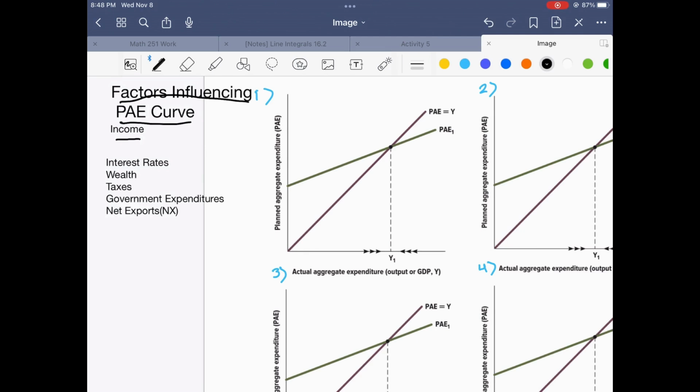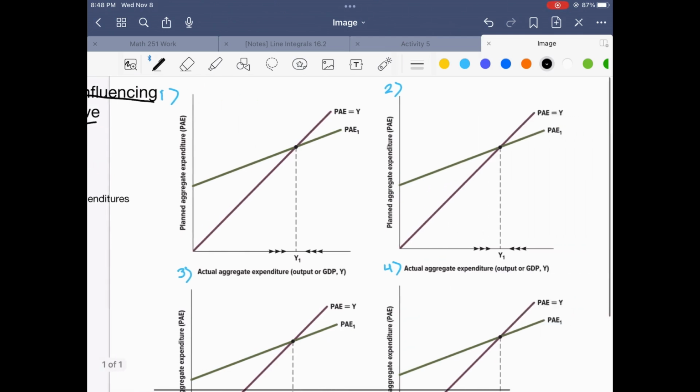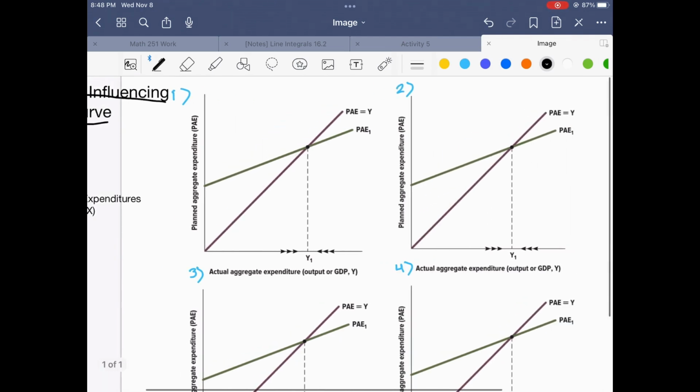Increased income leads to individuals being willing to spend more. Therefore, there's going to be movement right along the PAE curve. Decreased income leads to individuals spending less. Therefore, there's going to be a movement to the left along the PAE curve.